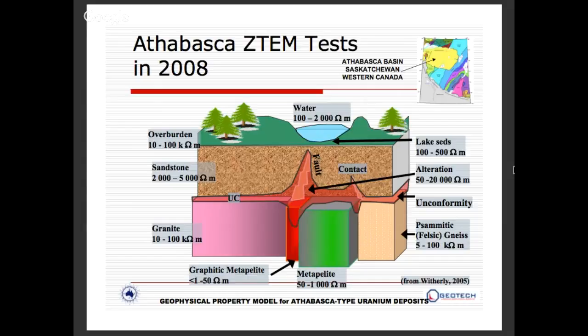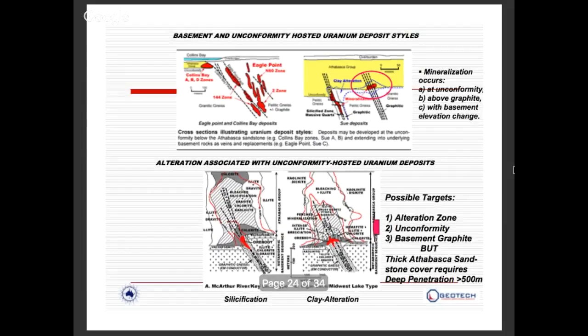It's interesting because of the depth of the sandstone that is overburdening the unconformity. So these ones are the models for the area, and we can see the alteration associated.